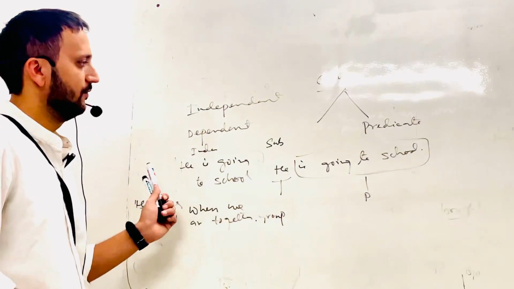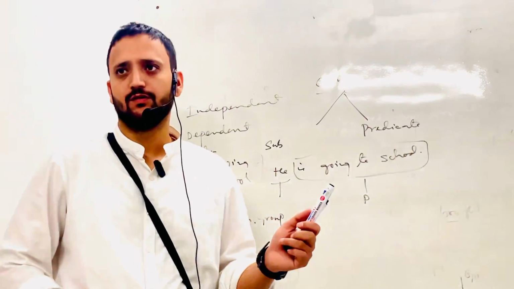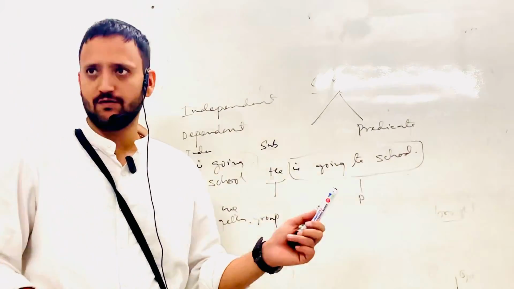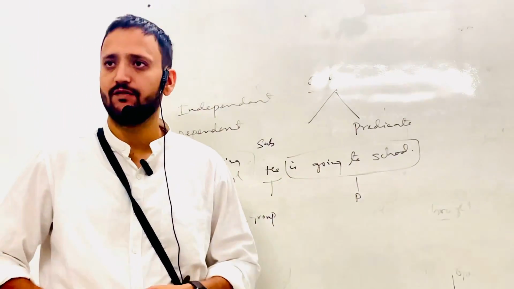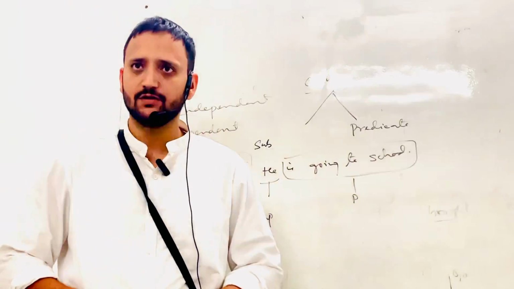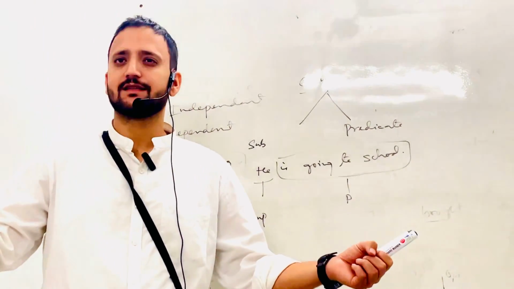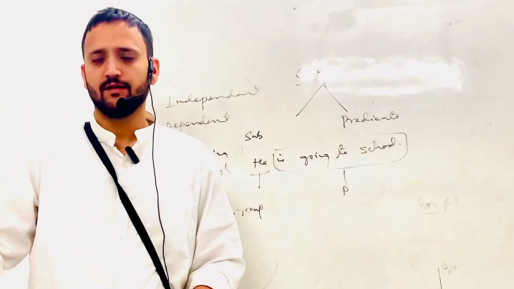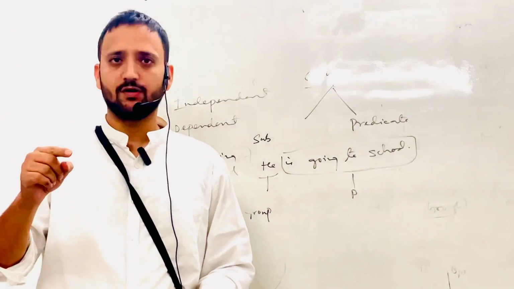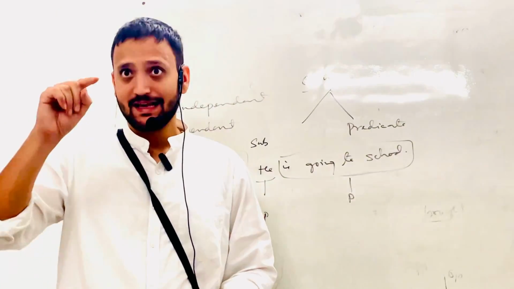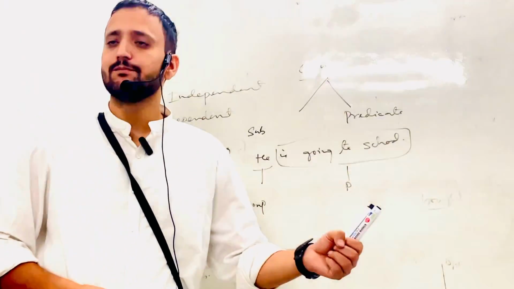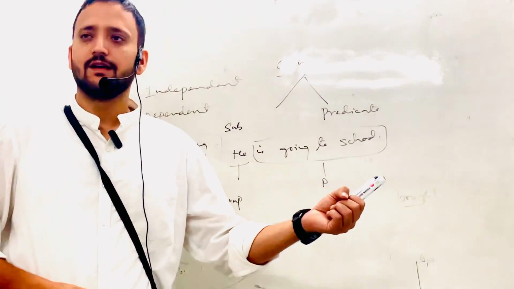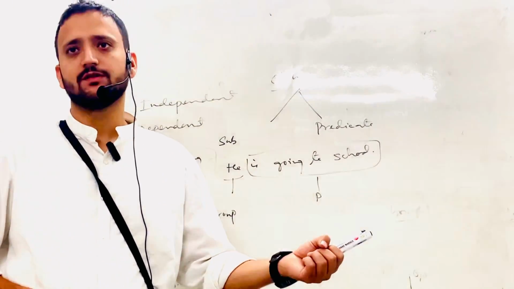Similarly, if we categorize into further types of clauses, we have simple clause, compound clause, complex clause, and then complex compound clause. In simple clause, he sings songs, a simple clause, right?